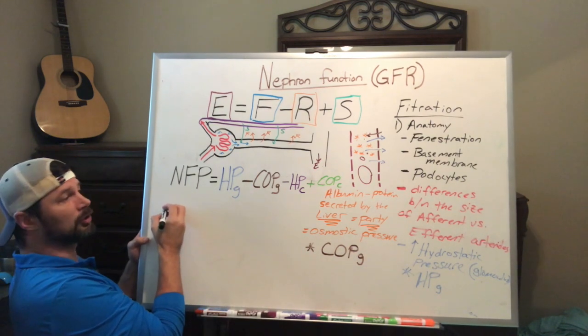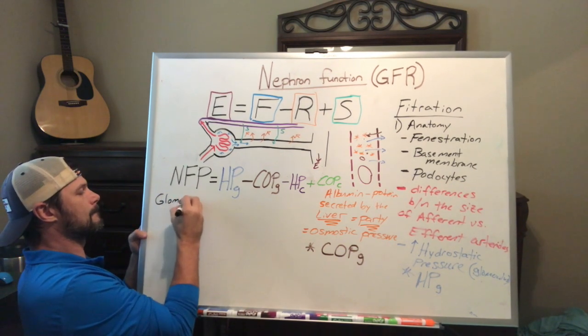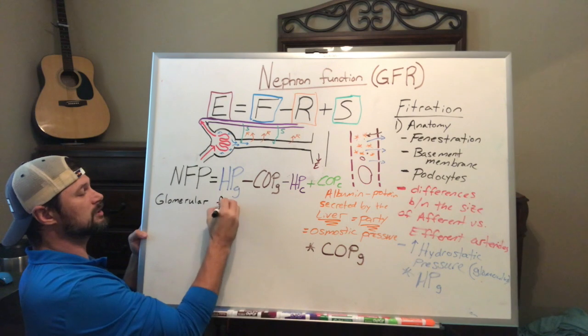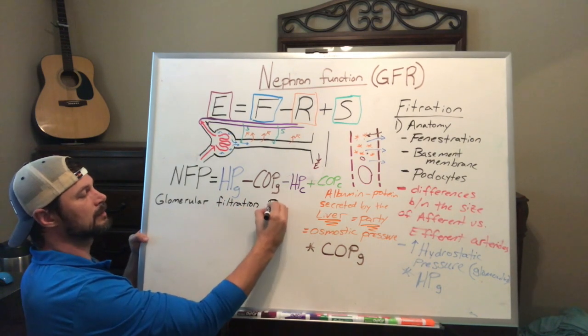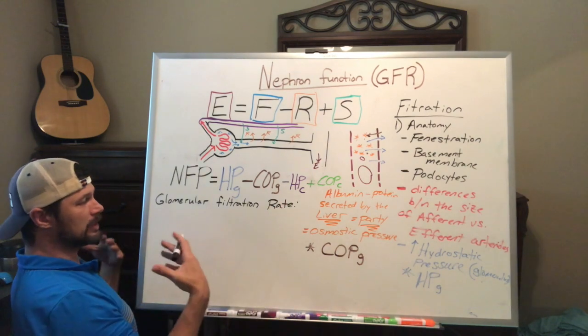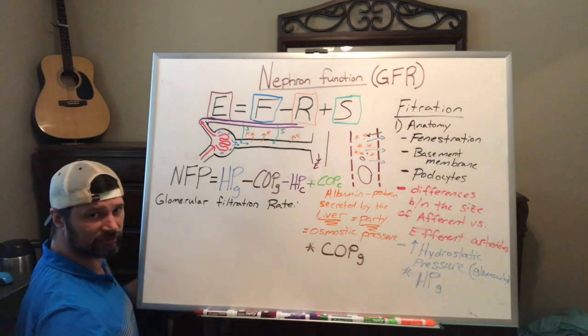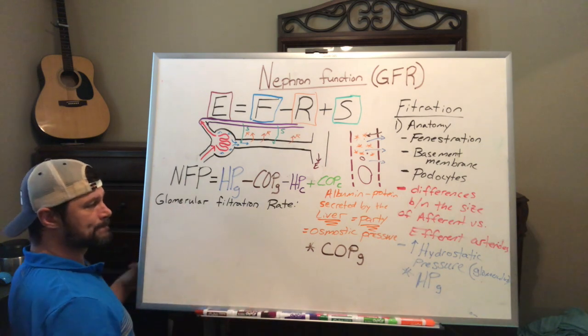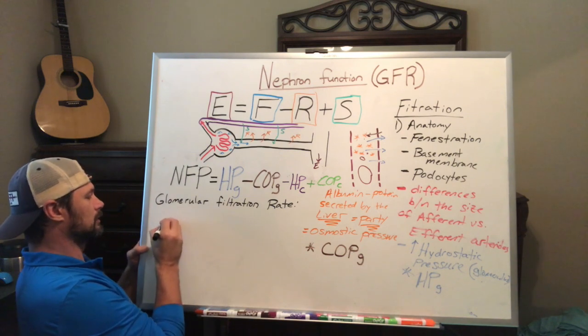GFR stands for glomerular filtration rate. And rate tells us time, right? So this says how much filtration occurs over time. There are two variables that affect our GFR.